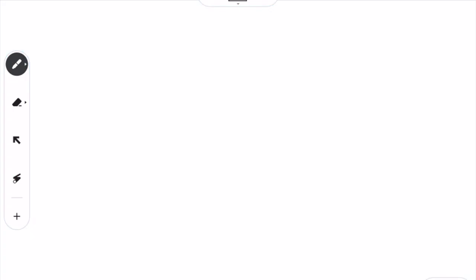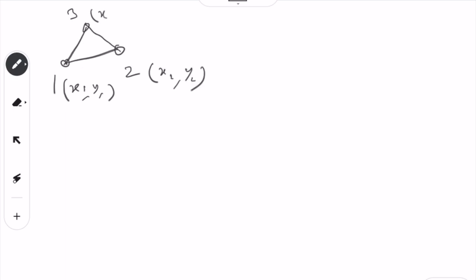There are different ways. So, this isoparametric triangular element that we are going to study depends on a few things. Let us say this is your triangle, 1, 2 and 3, with x1, y1, x2, y2 and x3, y3.